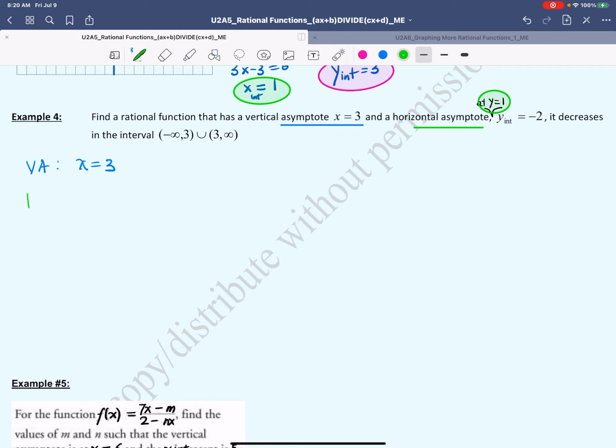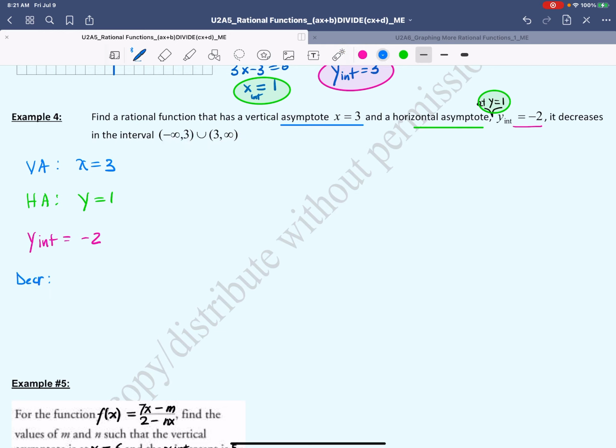I'll write this down as well. And it has a y-intercept at -2. And it's an overall decreasing function from -infinity to 3 and 3 to infinity. I'll write this down as well.